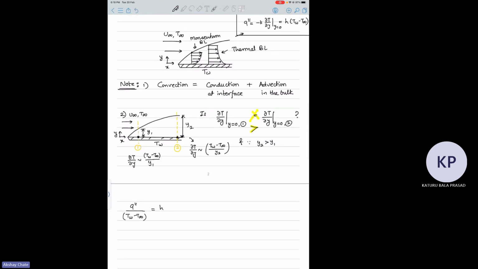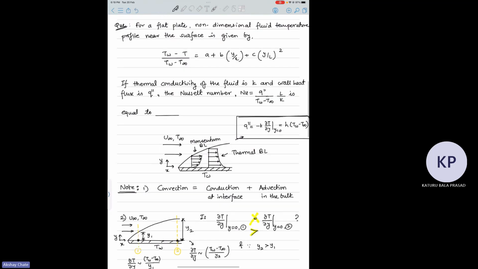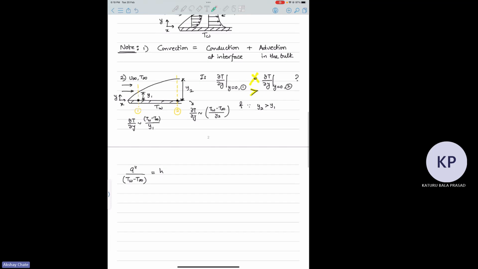I just wanted to give you the introduction to the Nusselt number, because here they talked about Nusselt number. We have not yet discussed it, but you can see this is nothing but the local heat transfer coefficient, and therefore you can just say that the Nusselt number, this is a local Nusselt number, is nothing but hL by k, and k is of the fluid.